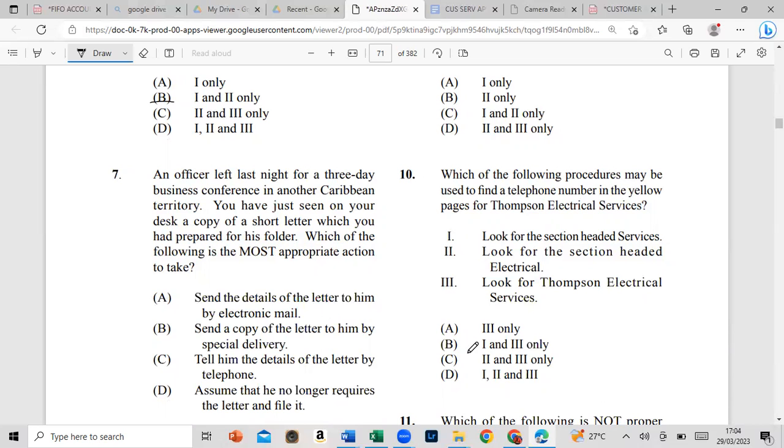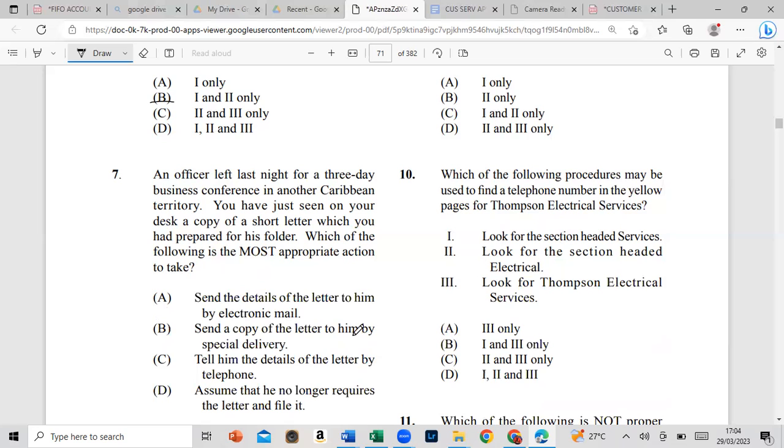Is it A, send the details of the letter to him by electronic mail? B, send a copy of the letter to him by special delivery? C, tell him the details of the letter by telephone? Or D, assume that he no longer requires the letter and file it? What will you guys do?